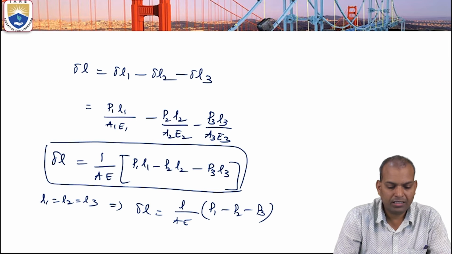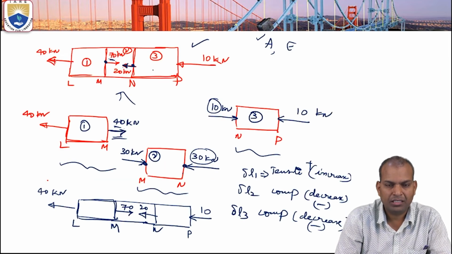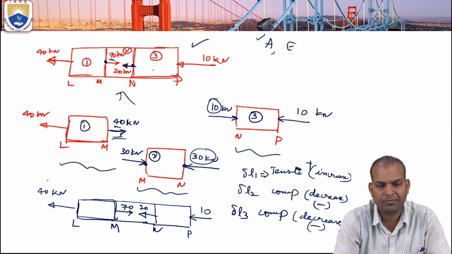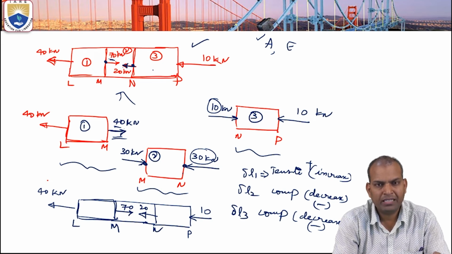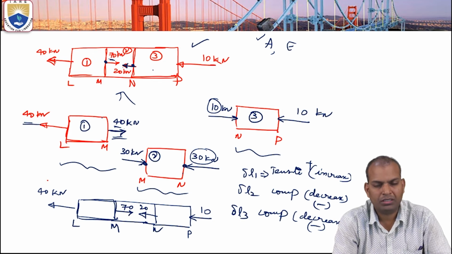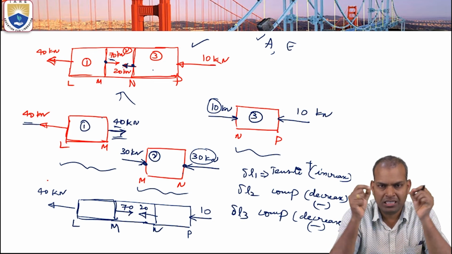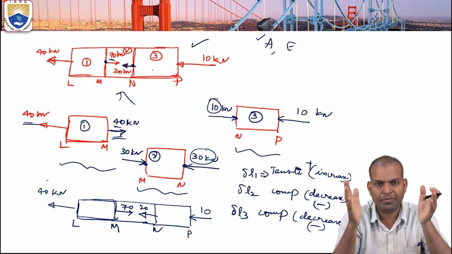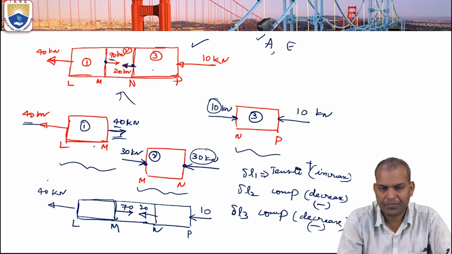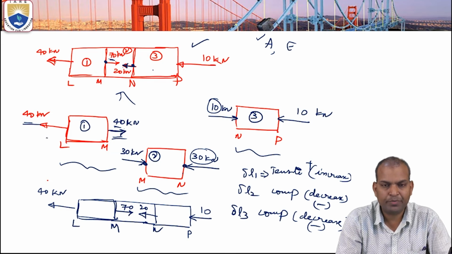The important thing in this type of problem is that you have to draw the free body diagram to maintain the equilibrium. Now 40 kilonewtons for section 1, left side and right side equal, equal forces in equilibrium. If it is not equal, it will not be in equilibrium, and we can't apply this. So the body should be in equilibrium.